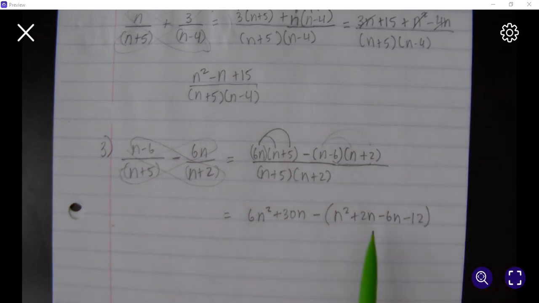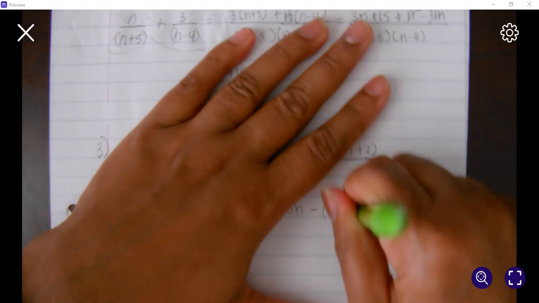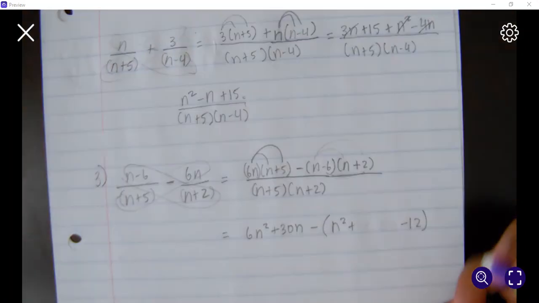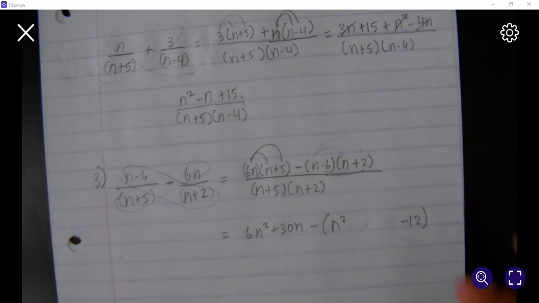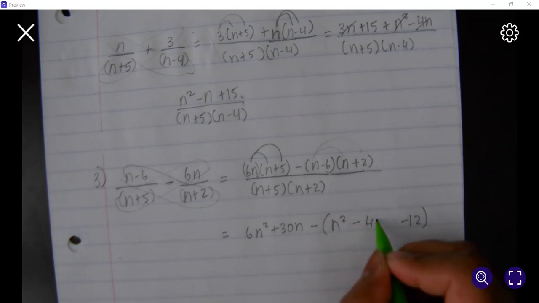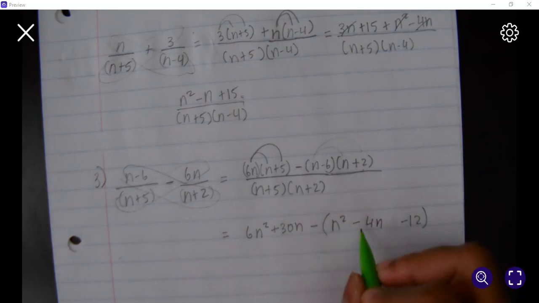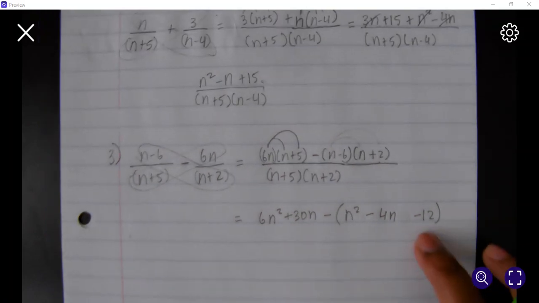And then here, you do need to combine your like terms. So you have 2n minus 6n, which is equal to negative 4n. Okay, so you have n squared minus 4n minus 12.